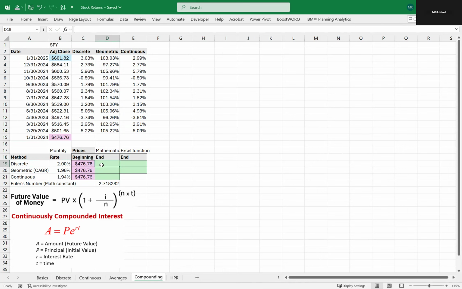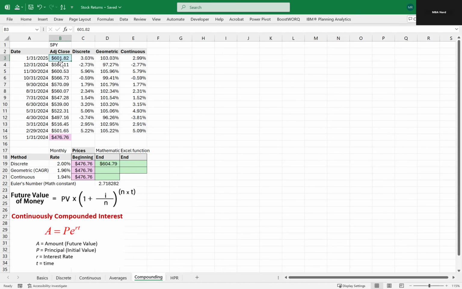And so what I can do here is I'm just going to use our future value formula. This is just a mathematical formula. We're going to take the beginning price times open parentheses, 1 plus our periodic monthly rate of 2%, to the power of 12. That gives 604.79.